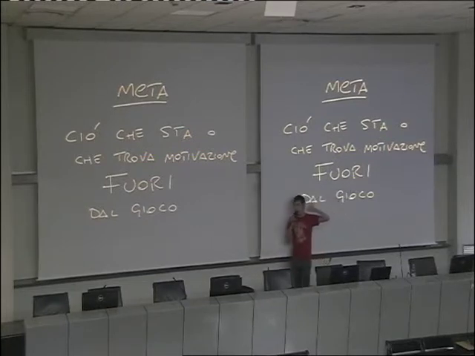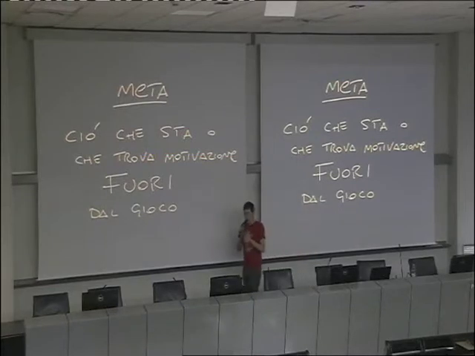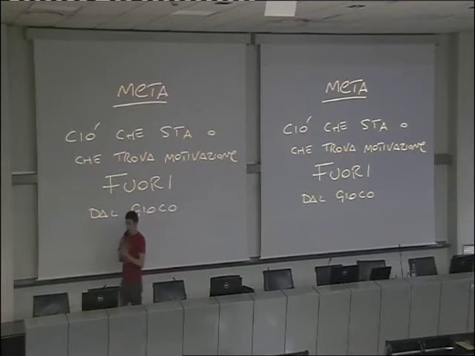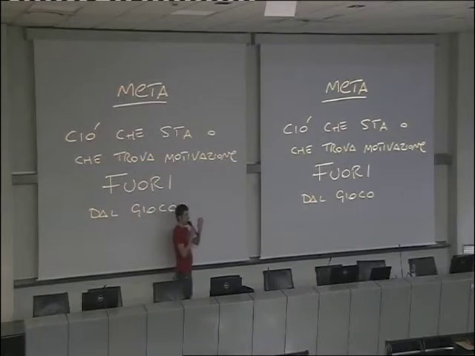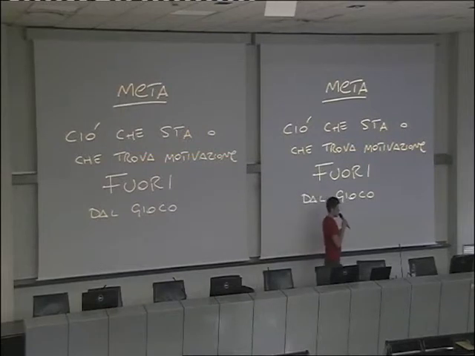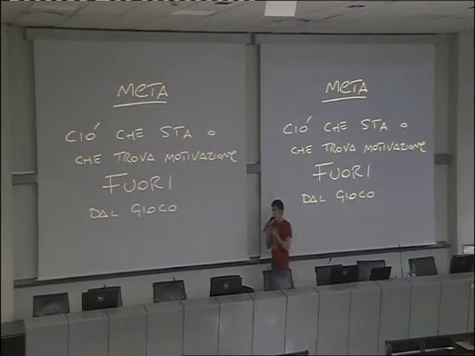But that's not a goal inside the game, because inside the game you want to save the planet, you want to kill everyone to reach the final boss, and the high score is something that doesn't exist in the setting of the game, okay?